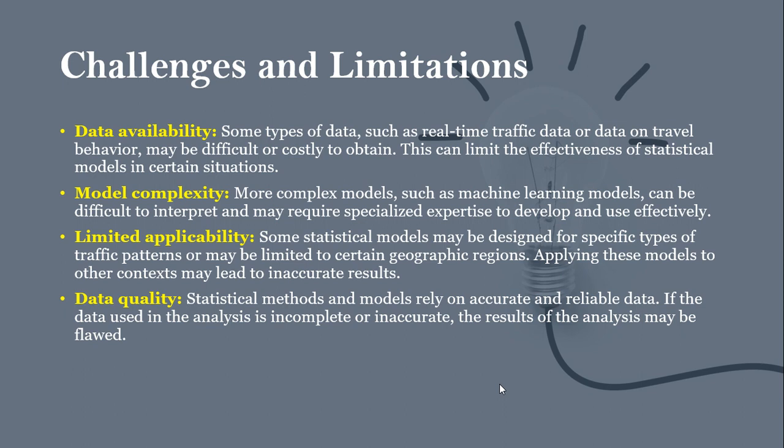Data availability. Some types of data, such as real time traffic data or travel data, may be difficult or costly to obtain. This can limit the effectiveness of statistical models in certain situations.